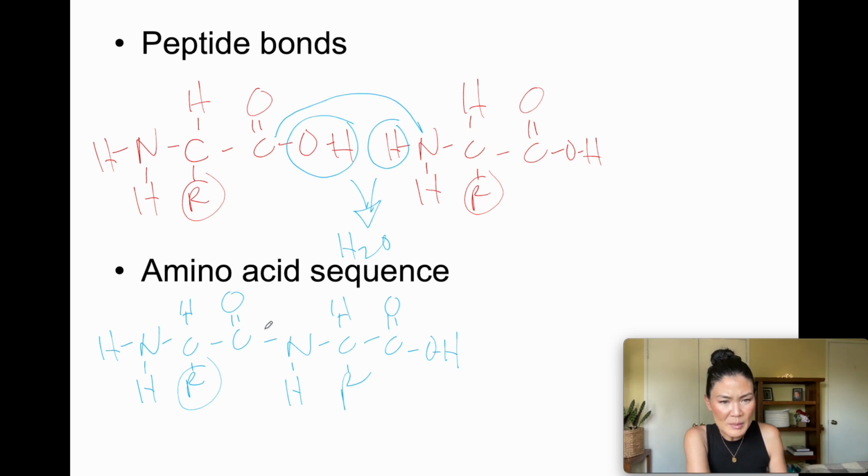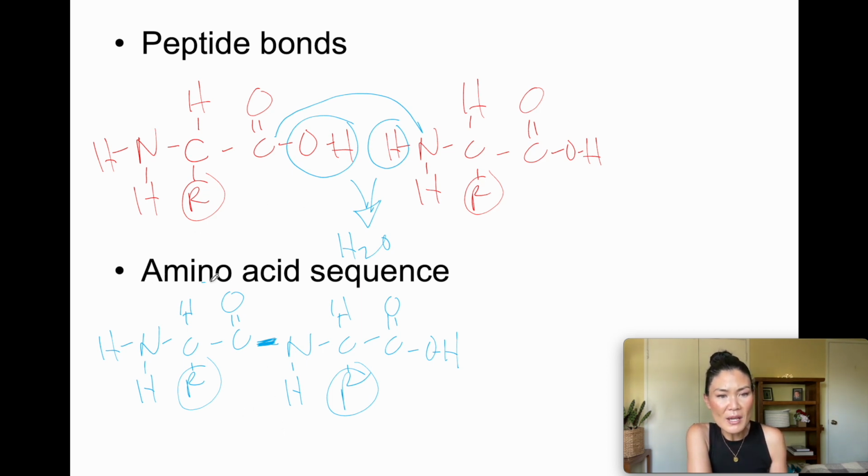So that's my peptide bond right here. This is my peptide bond, the bond between the carboxyl group, which is now missing the OH, and the H in the amine group, the N in the amine group. So this is a dipeptide. It's a polymer made up of just 2 amino acids, okay?